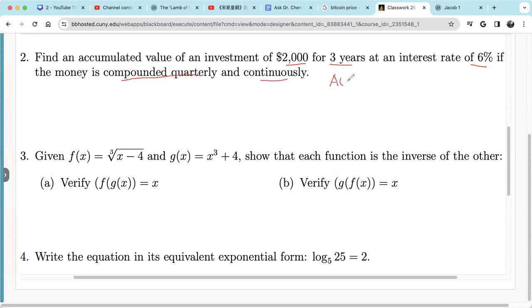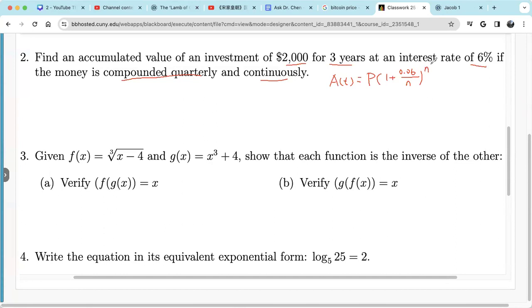So we want to use this formula. The amount of money after some years in the bank is the principal times 1 plus the interest rate divided by N. N is compounded how many times in a year?